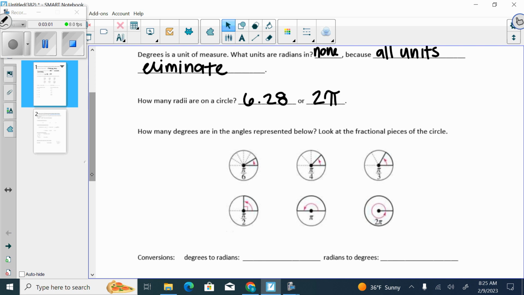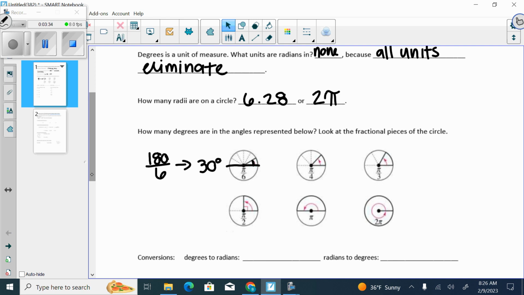Well, we know that a straight line is how many degrees? 180. So 180 over 6 is what we would do, since it's split into 6 sections, to convert it into degrees. What is 180 divided by 6? 30. So this little section highlighted with the arrow is 30 degrees.